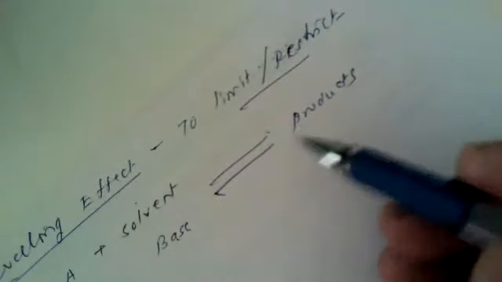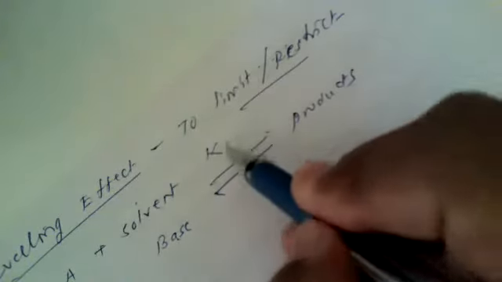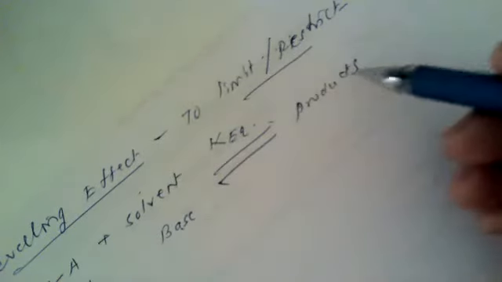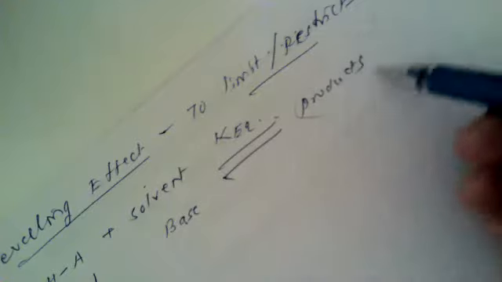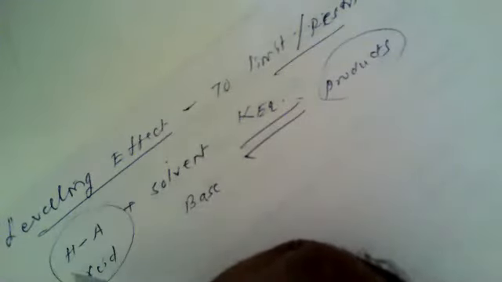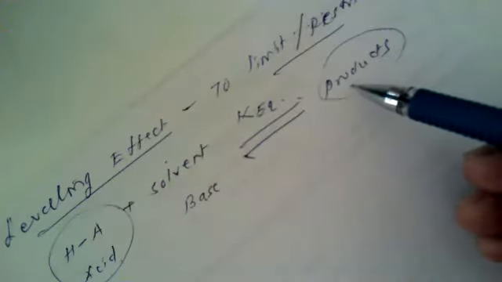In the equilibrium mixture, that is, if we calculate the K equilibrium, the solution contains certain amounts of the products and certain amounts of the reactants. So there is always an equilibrium set up between the reactants and the products thus formed.